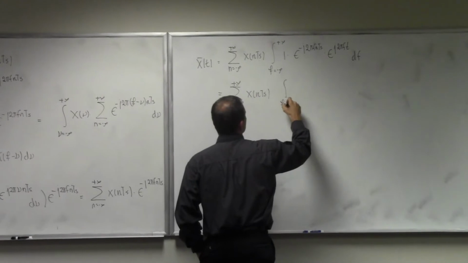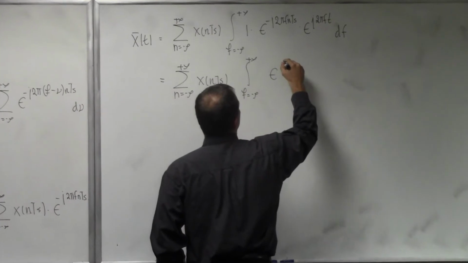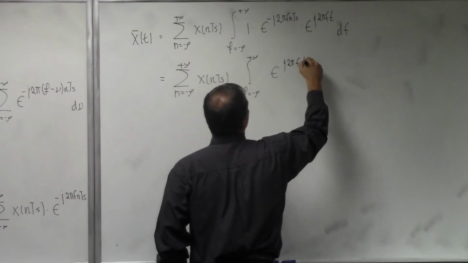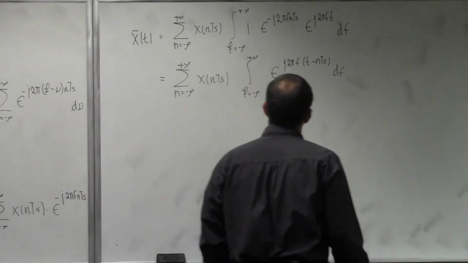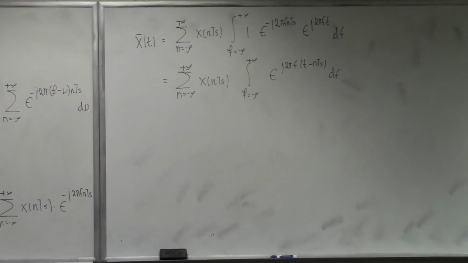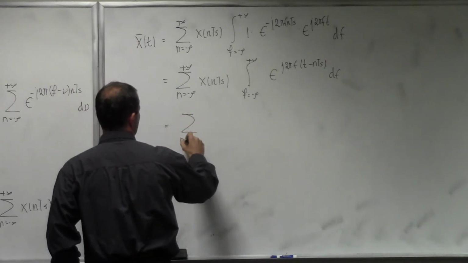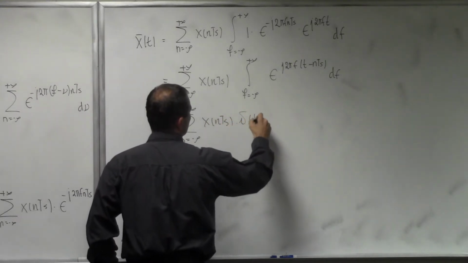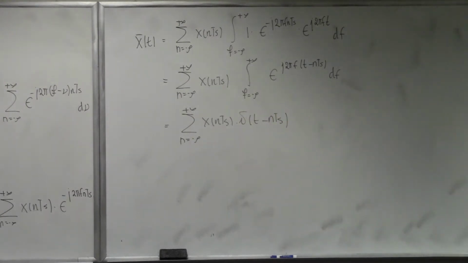So let's see how it becomes sinc. It's e to the j 2 pi f (t minus n Ts) df, and this is essentially the sum of x of n Ts times delta of t minus n Ts. So that's our sampling here, right?